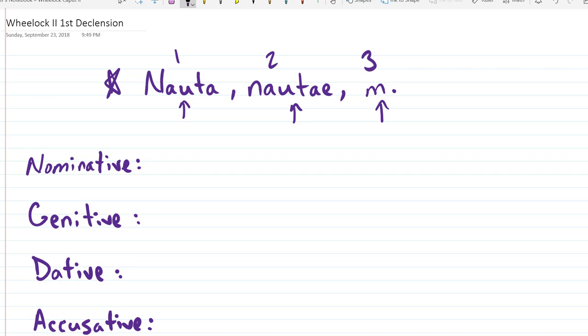Just like most Latin verbs have four parts, Latin nouns have three parts, and the three things that you're given, technically, are what's called the nominative case, which, if you want to write that out, that's right there. Then we have the genitive case, which is right there, and then we have the gender.